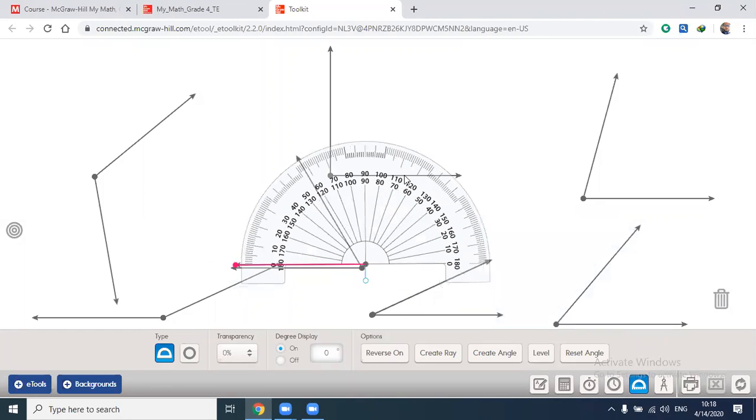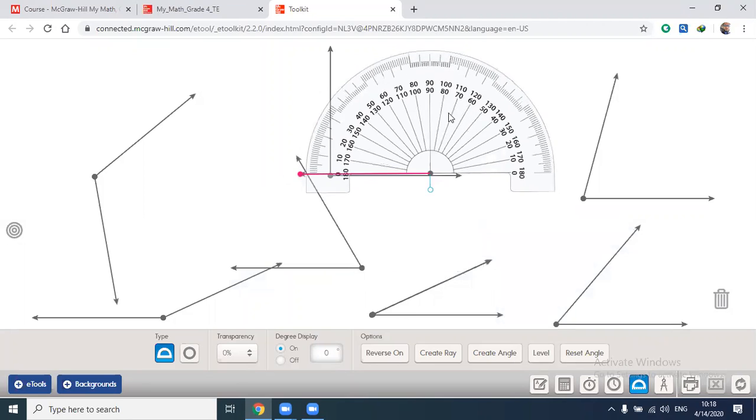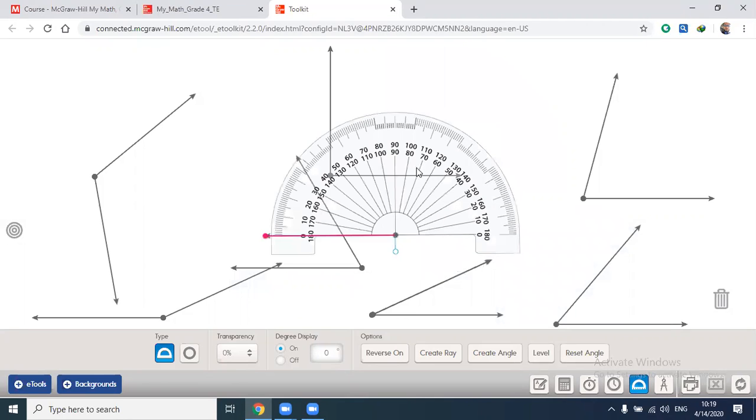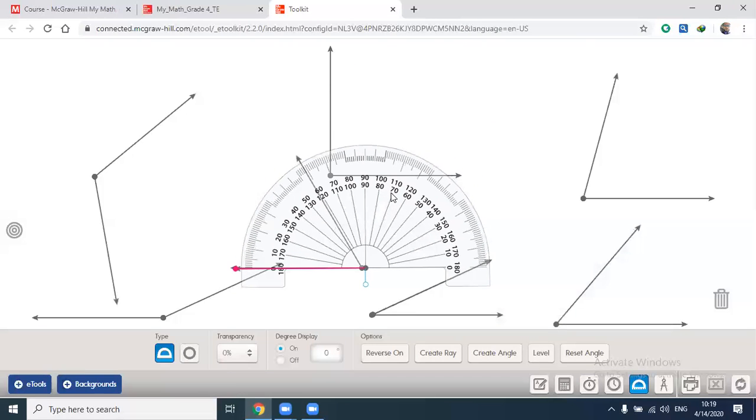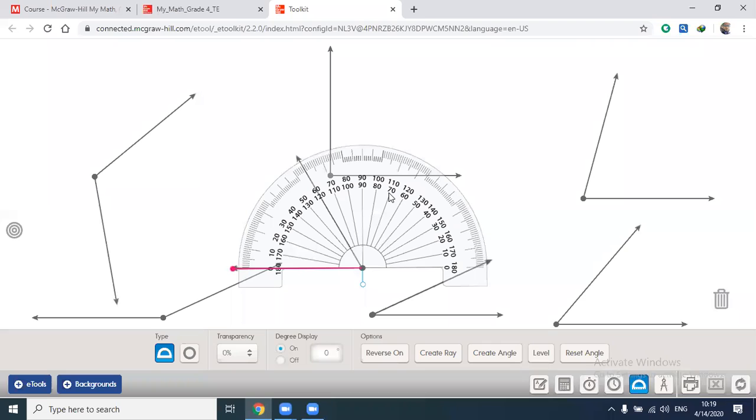Place the center of the protractor on the vertex of the angle, and then count from zero to reach the other side to see the measure of the angle. 10, 20, 30, 40, 50, 60. So the measure of this angle is 60.